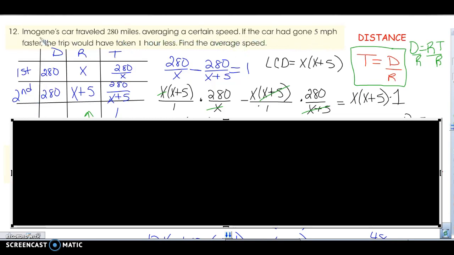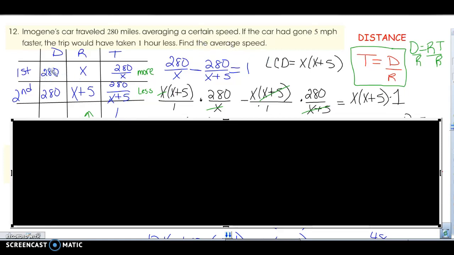If the car had gone 5 miles per hour faster, so the two things in this trip are first scenario and then second one, driving faster, okay? The trip would have taken 1 hour less time if they had driven faster, which makes sense, right? This time over here would be less, this over here would be more, and the difference between the two would be 1 hour. Find the average speed.